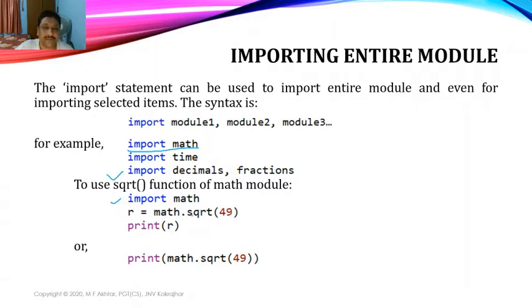This square root function will calculate the square root of this number, and the result will be stored in r, and using the print statement we can see the output. Or we can combine both commands like this: just print math.sqrt of 49.